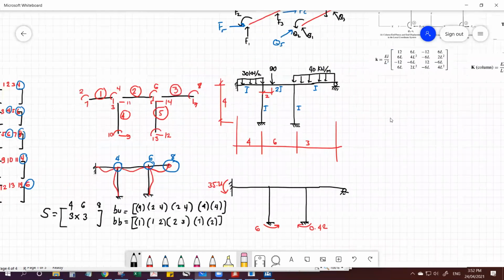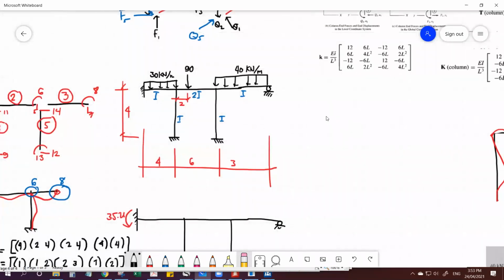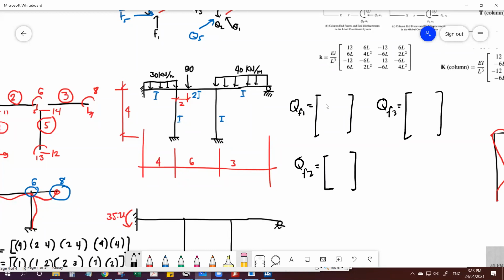So maybe here, QF1, QF2, and then QF3. QF1 is 1, 2, 3, 4. QF2 is 3, 4, 5, 6. And QF3 is 5, 6, 7, 8.